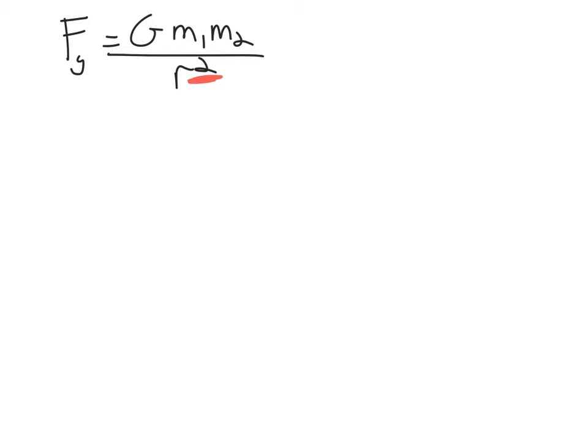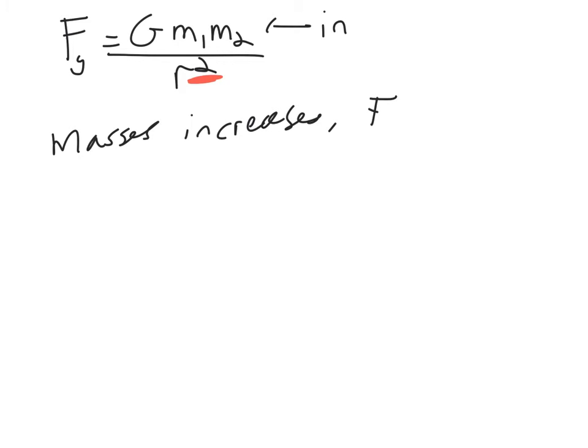So a couple of conceptual things about this. If we increase either of the masses, so if masses increase, so does the force of gravity. If we've got more massive objects, they're going to have a stronger gravitational pull.